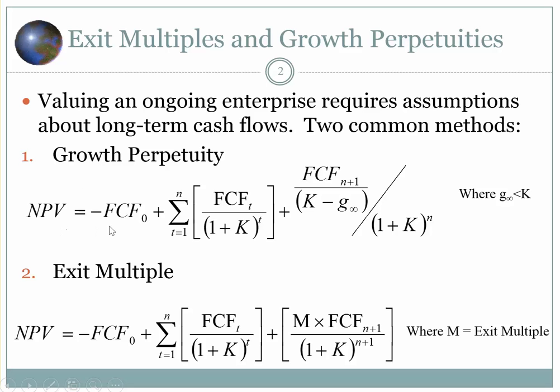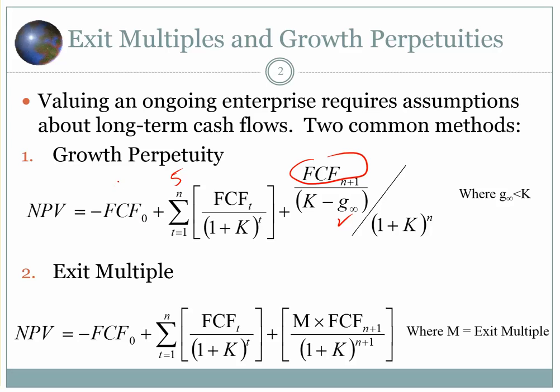In a growth perpetuity, you calculate the present value of the future cash flows. Say you might forecast 1, 2, 3, 5, or 10 years. And then at some point you get to a year in which you know the cash flow is going to stabilize at some level and grow at some constant growth rate G. Say I grow this for 5 years.